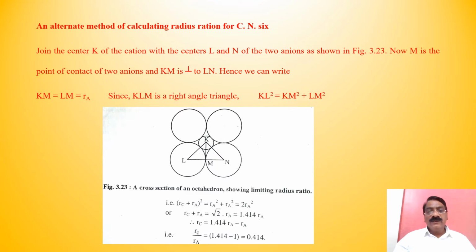Thus Rc is equal to 1.414 Ra minus Ra. That is Rc upon Ra is equal to 1.414 minus 1, which is equal to 0.414.